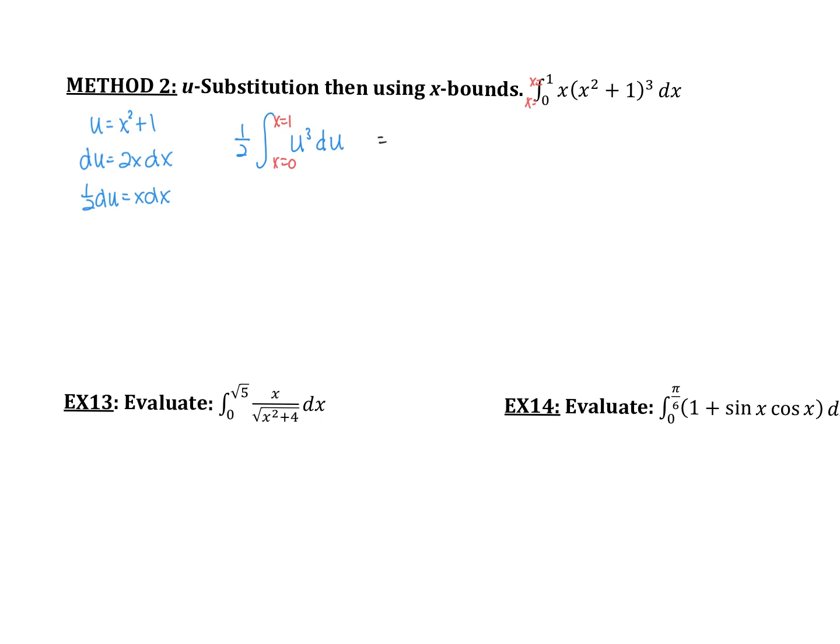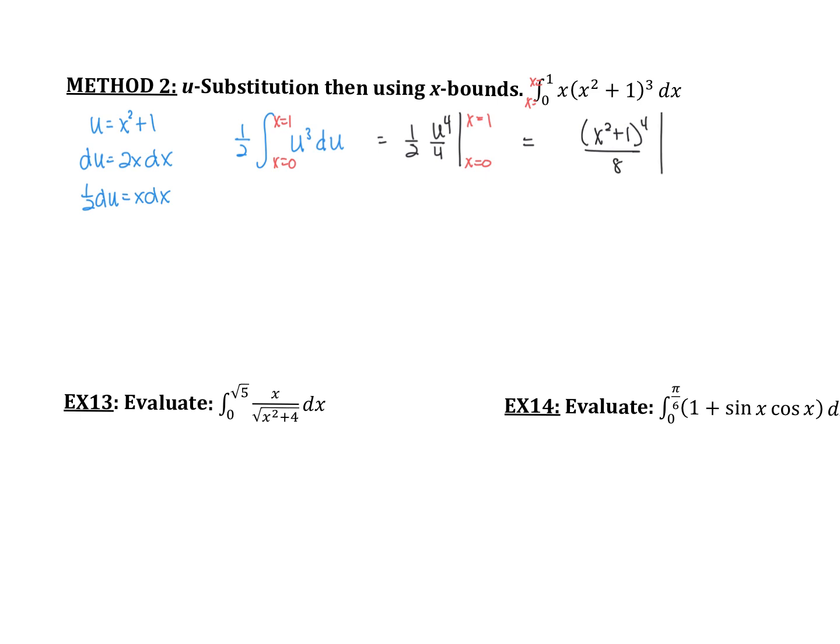So if I take this integral, I get the same thing: 1/2 times u to the fourth over 4, evaluated when x equals 0 and x equals 1. And well, in order to use the x equals 0 and x equals 1, this problem needs to be in terms of x. So if I now make my substitution back in, I would have x squared plus 1 to the fourth over 8.